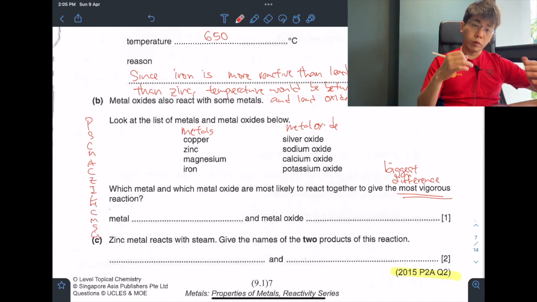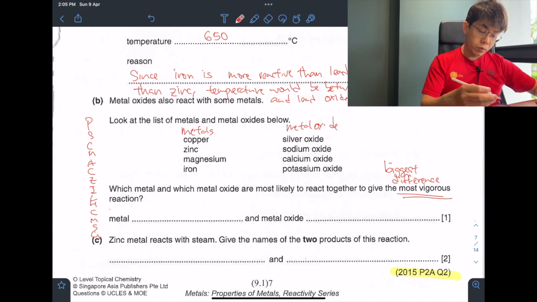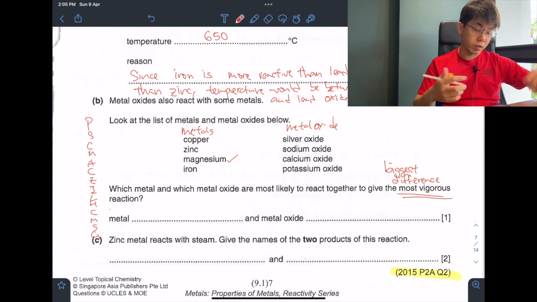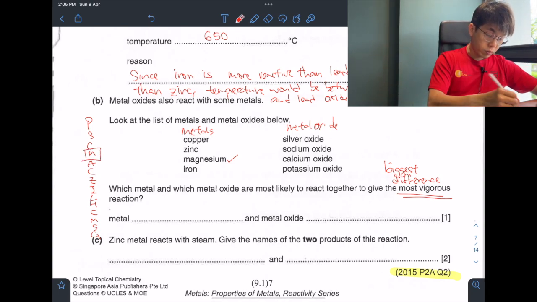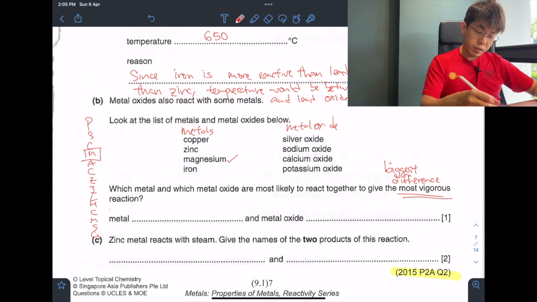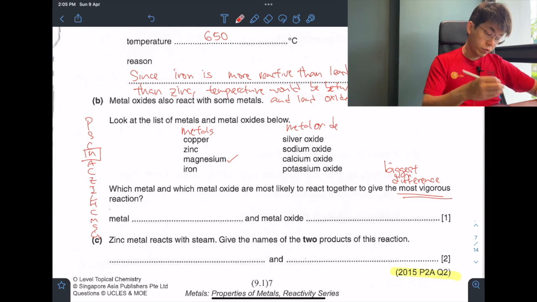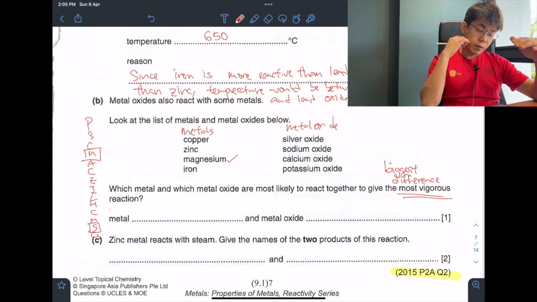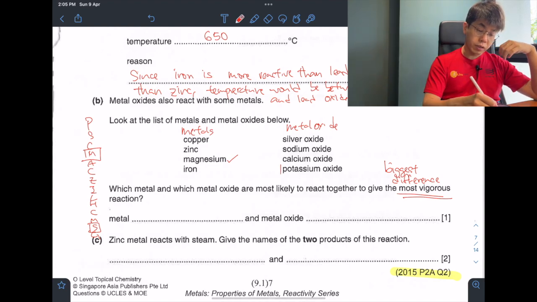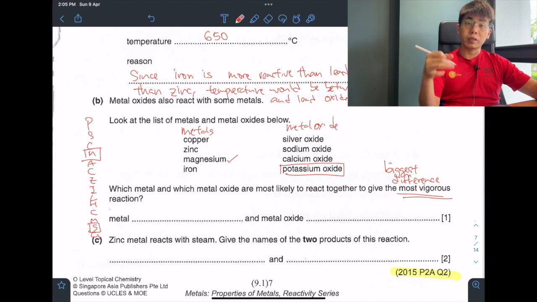Right, so we want to look for the biggest difference. So the metal needs to be more reactive. So let's go with the most reactive metal, because you know the most reactive metal can displace a lot. So let's see magnesium, which is over here. And then the least reactive would probably be silver, right, which is over here. So that's quite a big difference. If the metal oxide is potassium, then nothing over here can displace it.